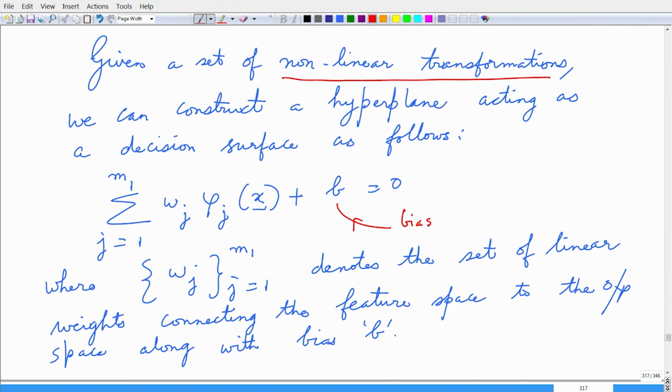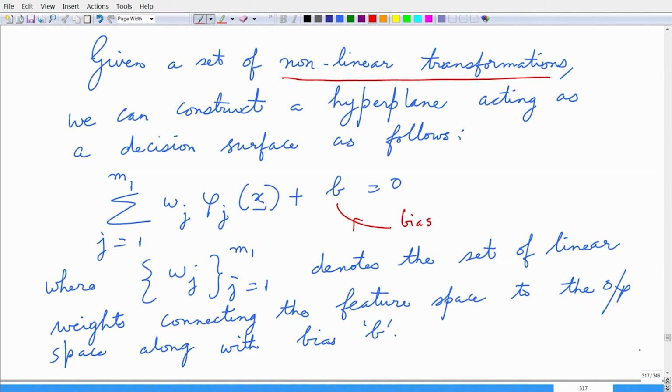Now this is the equation of the hyperplane, which has weights connecting the feature space to the output along with the bias b, like what we did earlier when we discussed MLPs.